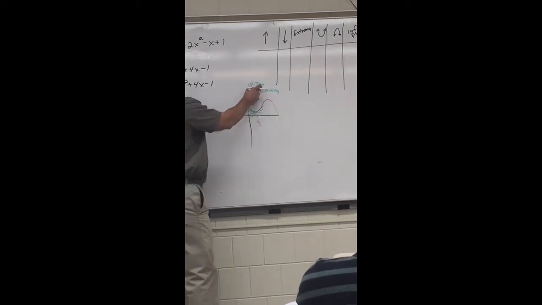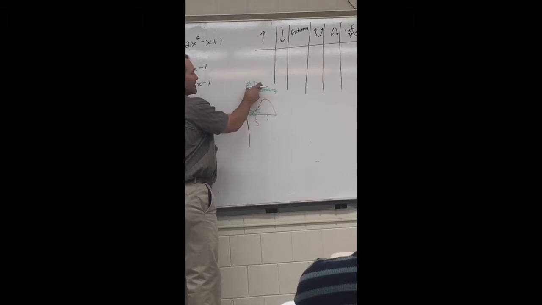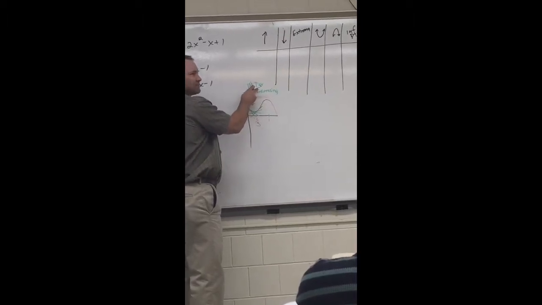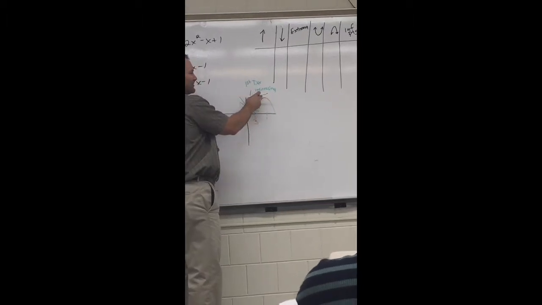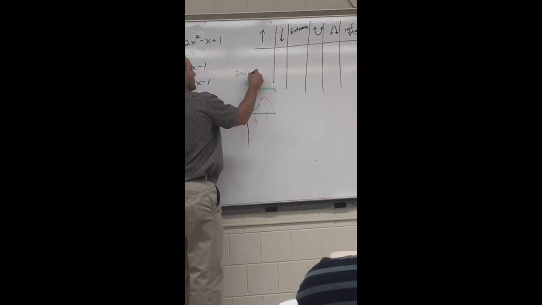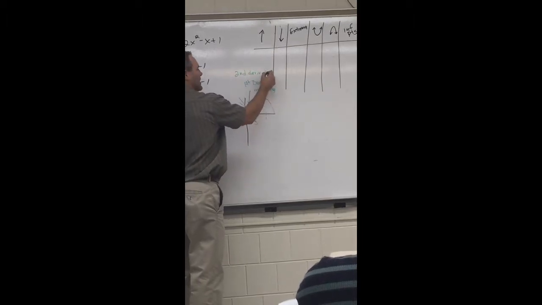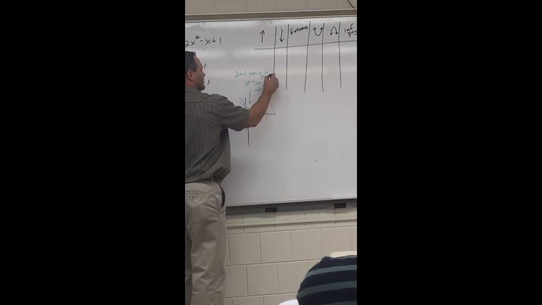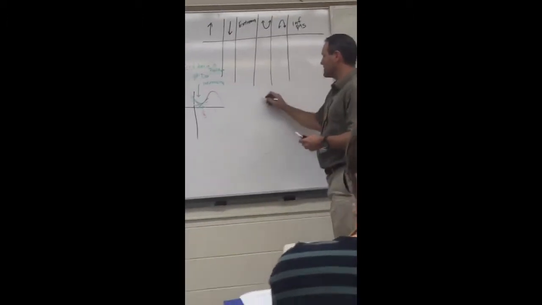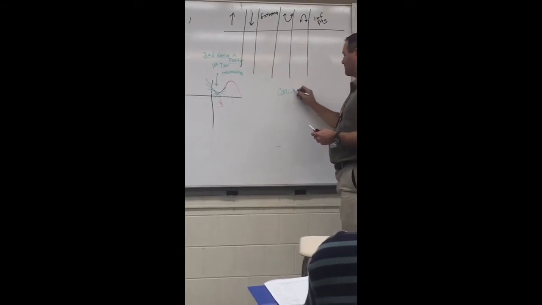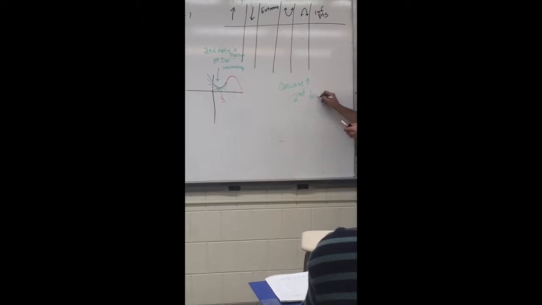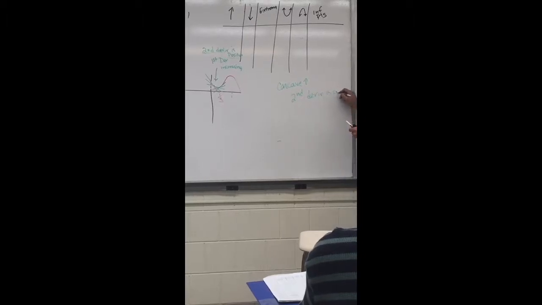So this first derivative, if that was the function, if it's increasing, its derivative is positive. So the second derivative of the original is positive. Okay, so the definition: if it's concave up, then the second derivative is positive.